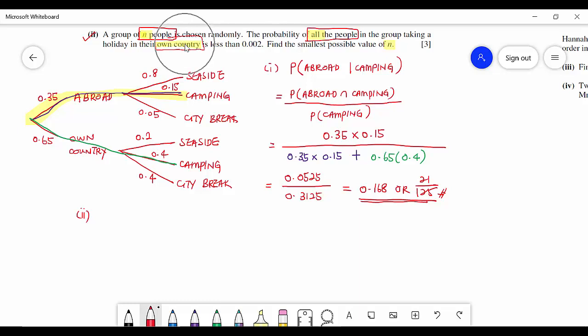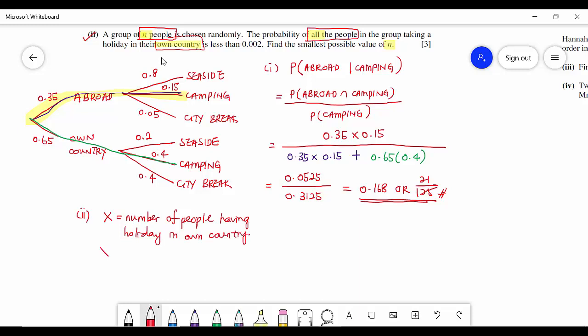So what is the probability for this event to happen? Taking holiday in the own country is 0.65. From all the structure here, generally you can write it out like this: X is the number of people having holiday in own country.